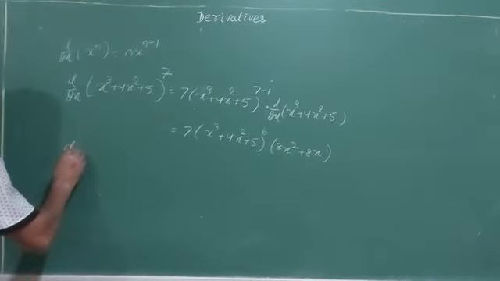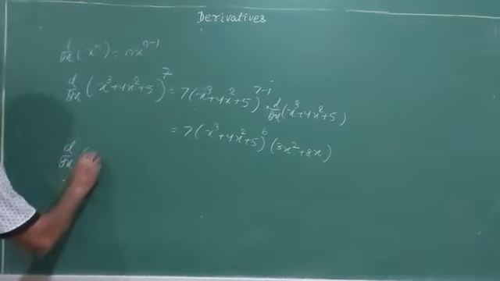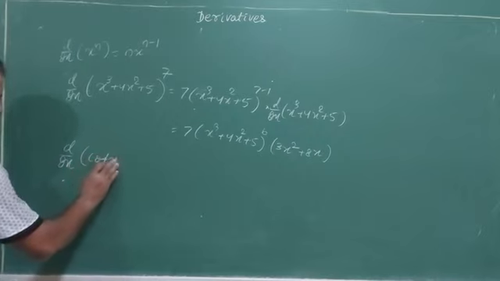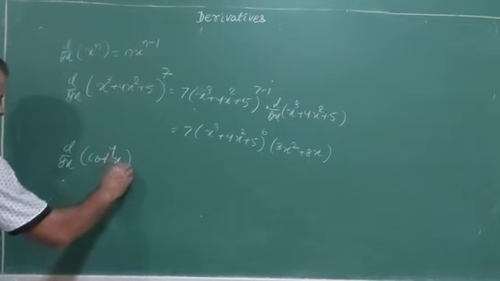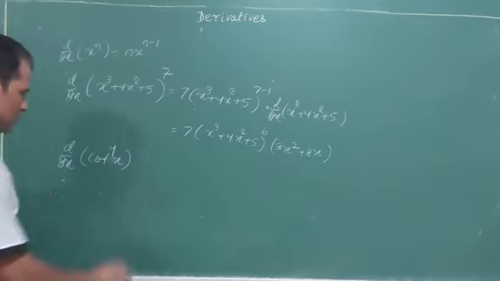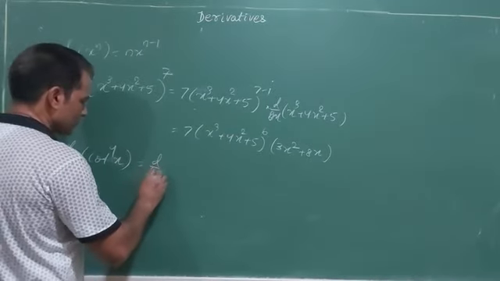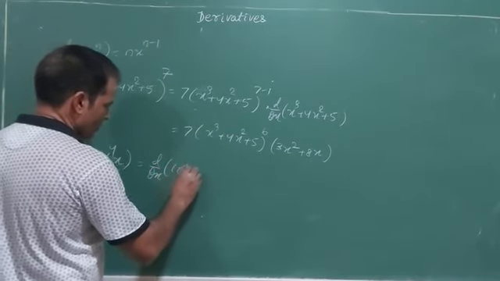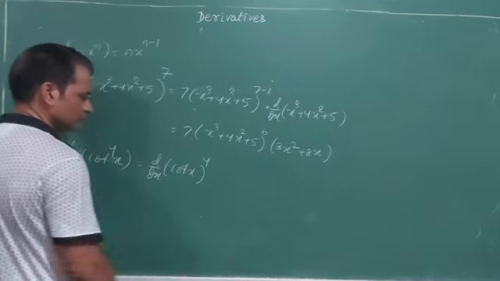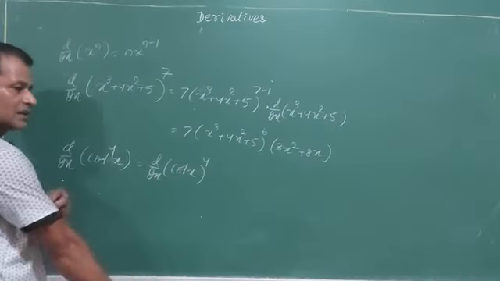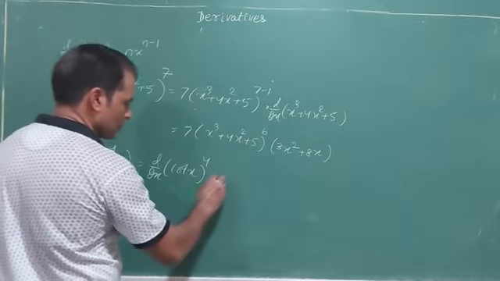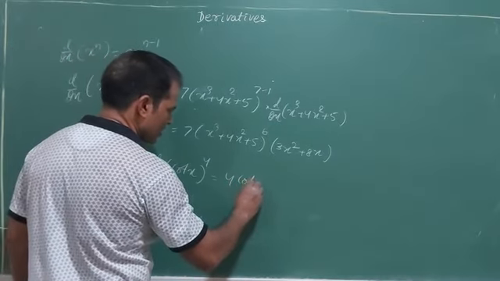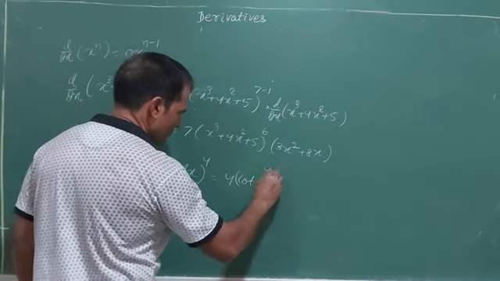So if I write d by dx of cot x to the power 4, what do I do here? I treat this one as x to the power n. Now the formula is 4 cot x to the power 4 minus 1.